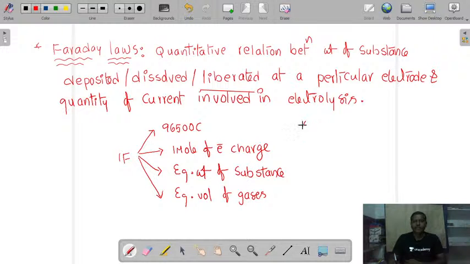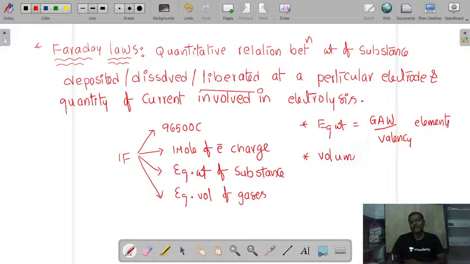Equivalent weight of an element is equal to gram atomic weight by valence. That is the formula to calculate the equivalent weight of elements. What is equivalent volume?